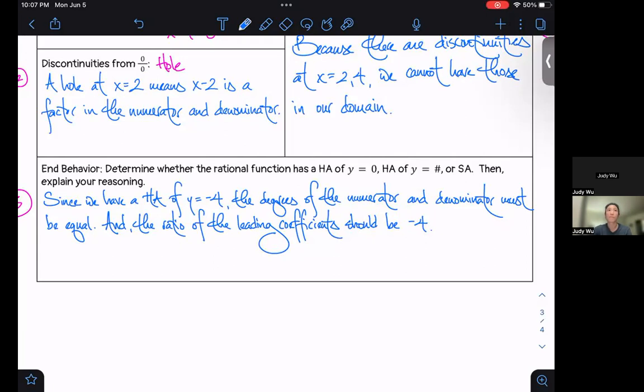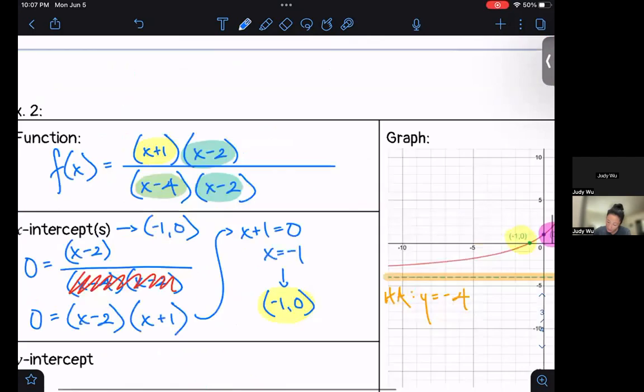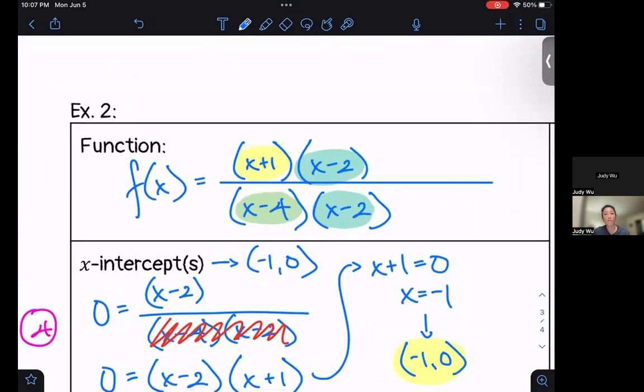Okay. All right, let's zoom back up. Look at our function that we've written so far. The degree of the numerator is 2, right? X times x is x squared, so degree 2. Degree of the bottom is also 2. X times x is x squared. And so since the degrees are the same, we know we've got our horizontal asymptote, okay?